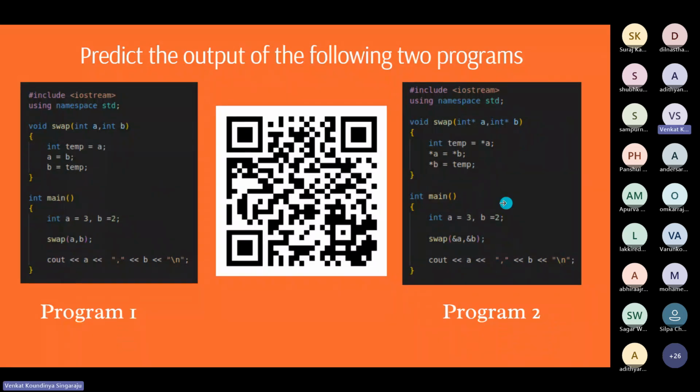Scan this QR code. Basically you have two sample codes here and you have to predict the output of them. So scan this QR code and answer this question.